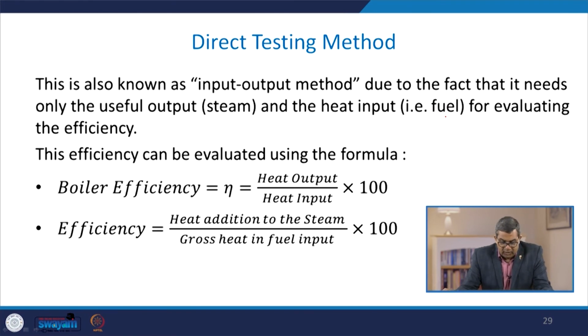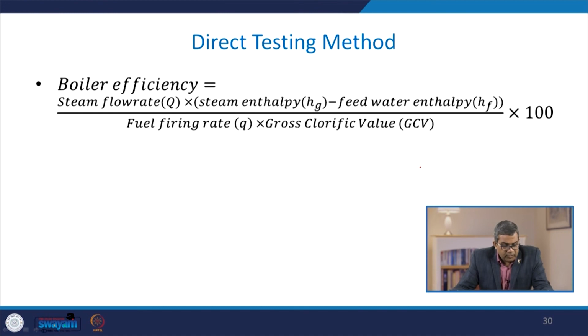Now, when we talk about the direct testing method, also known as the input-output method, this is due to the fact that it needs only the useful output, that is steam, and the heat input, that is fuel, for evaluating the efficiency. This efficiency can be evaluated using the formula: boiler efficiency is heat addition to the steam over the gross heat in the fuel input, multiplied by 100.